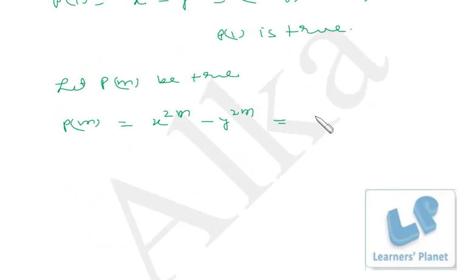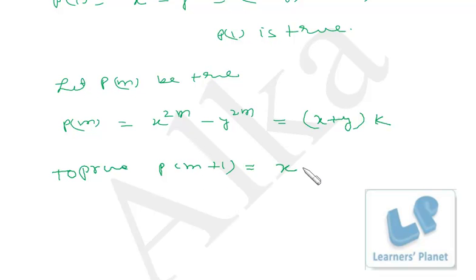That means it is actually x plus y into k. Okay, now we have to prove Pm plus 1 is true. That means Pm plus 1 is also divisible by x plus y. So I write down Pm plus 1 is divisible by x plus y. That we have to prove.